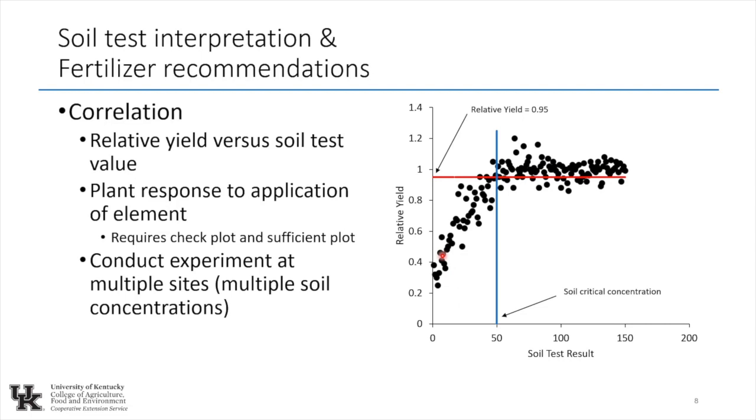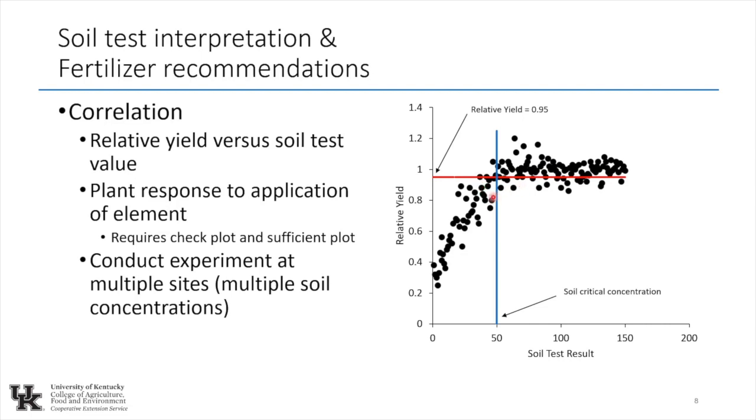And so we do this at multiple sites so that we have a wide range of soil test values in our data set. We plot these relative yields versus soil test. We look for the point where on average relative yield is at 0.95 or better, so 95% relative yield. And we call that the critical soil test concentration.